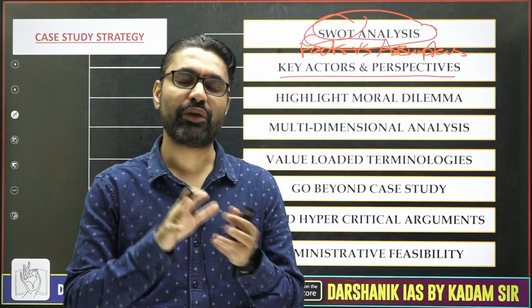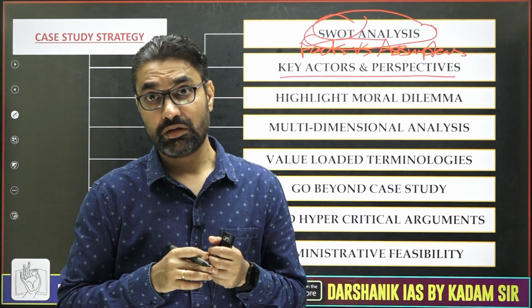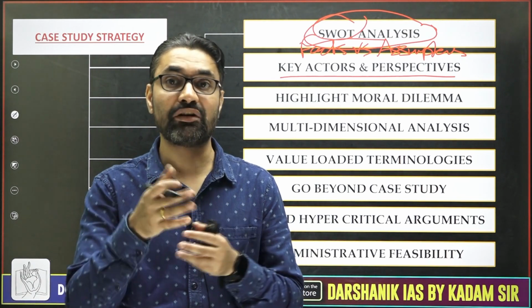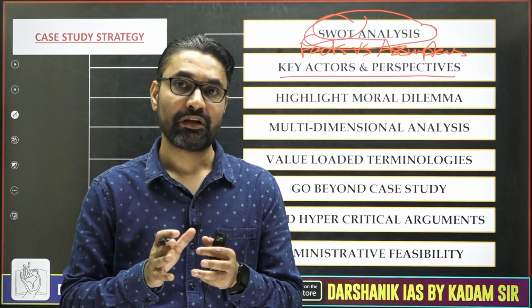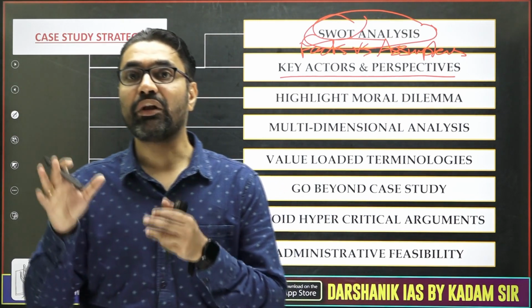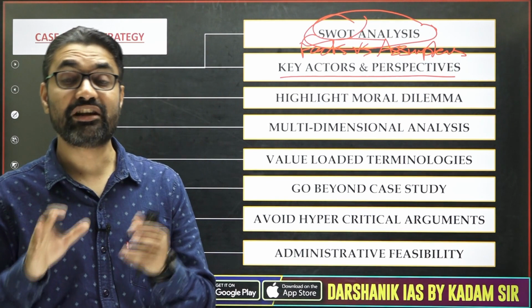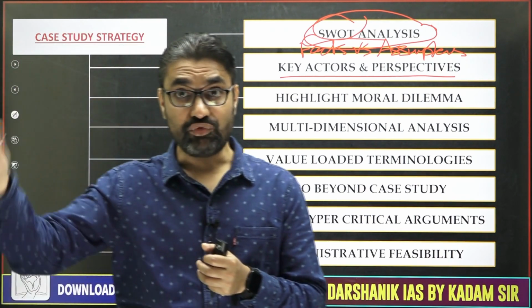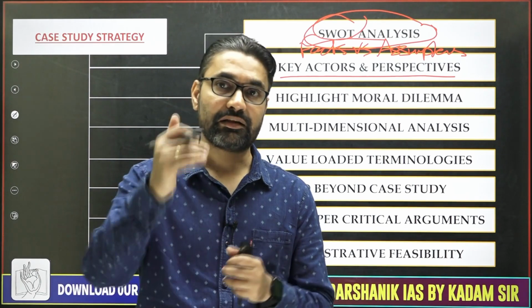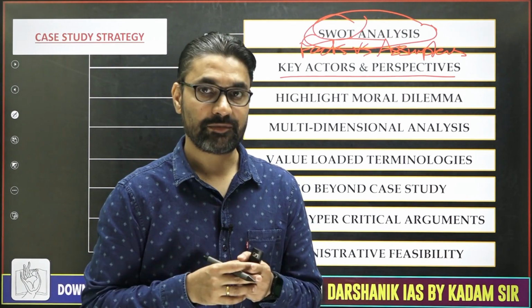These people will now not have access to alcohol, and these habitual drinkers will face withdrawal symptoms, etc. To deal with that, you need to rehabilitate them. You need de-addiction centers, counselors, etc. So do we have those available in our state? That is again one key actor and perspective.